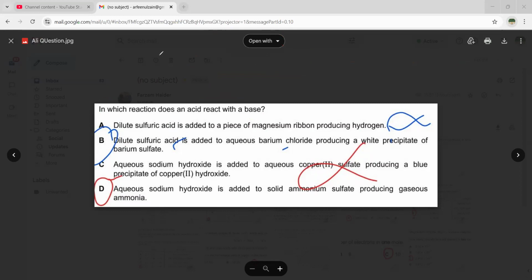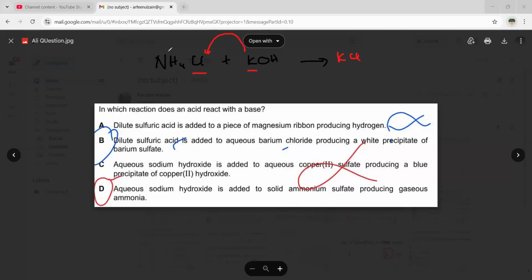So whenever you see any ammonium salt, NH4Cl, and you're adding potassium hydroxide, what will happen? The potassium will combine with chlorine to form the salt potassium chloride.